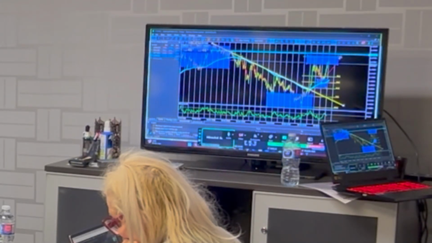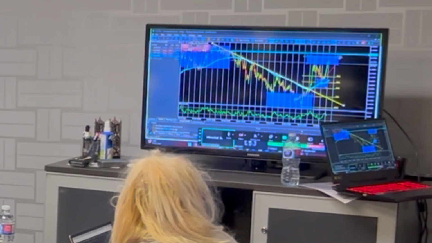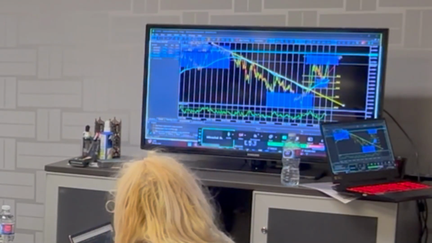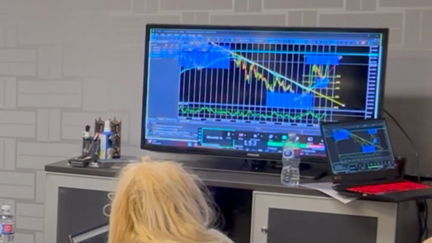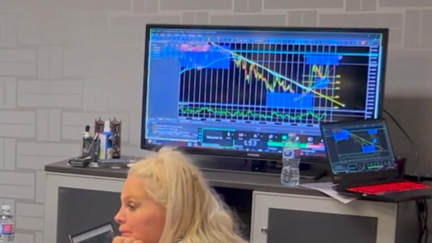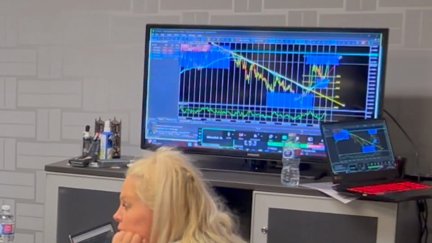Because you guys gotta realize, right? Let me put it this way, and I want you guys to be completely honest with yourselves. If you've been trading for a while, how many of you have added $1,000 to your account, and the account is currently sitting at $3,000 right now? This is some real stuff I'm going to show you guys.